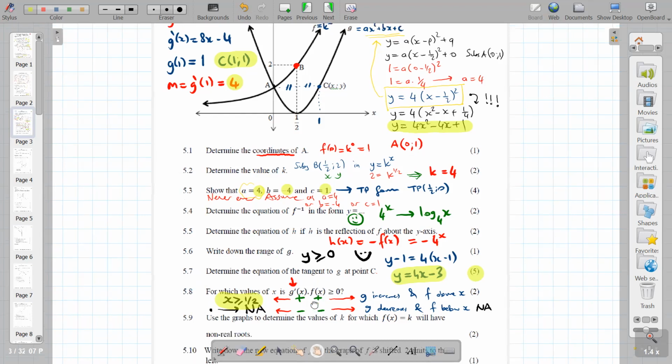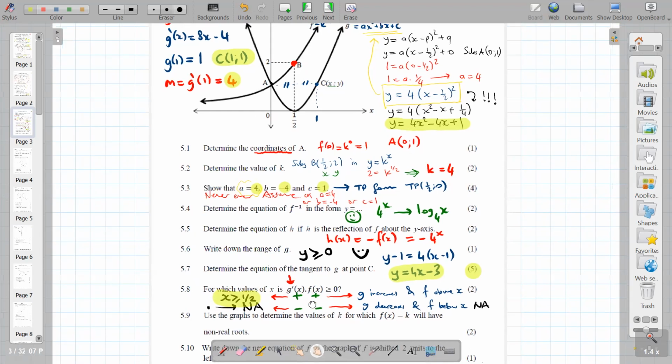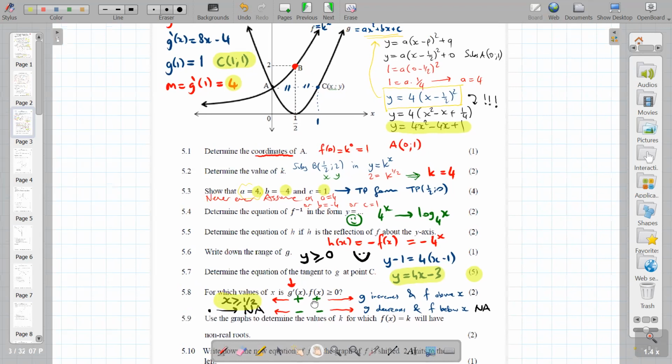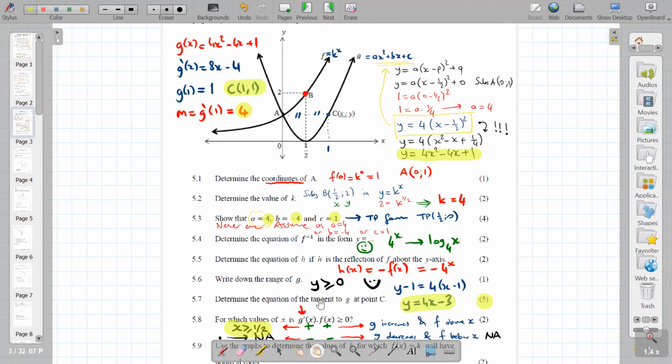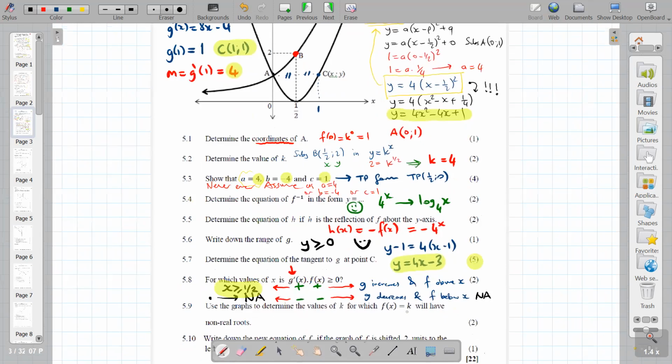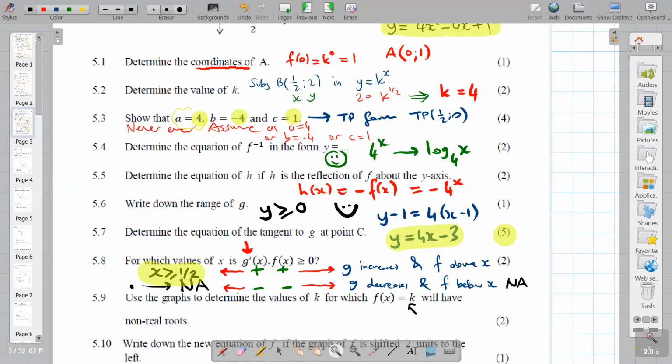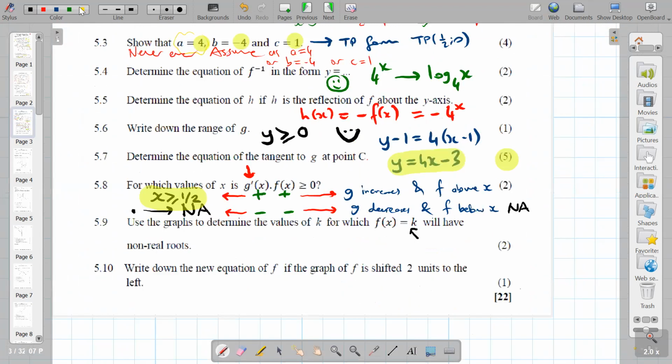5.9: use the graphs to determine the values of k for which f of x equals k will have non-real roots. Now, f of x is equal to k. Remember, in such questions, we think of the right side of this equation, which is k, as a function, a horizontal line, like g of x is equal to k.